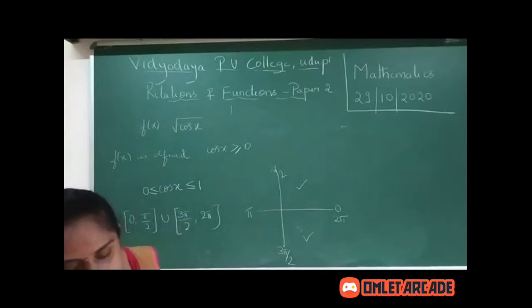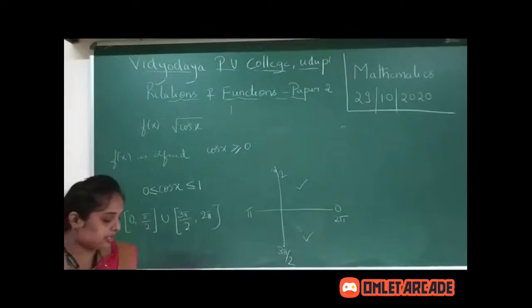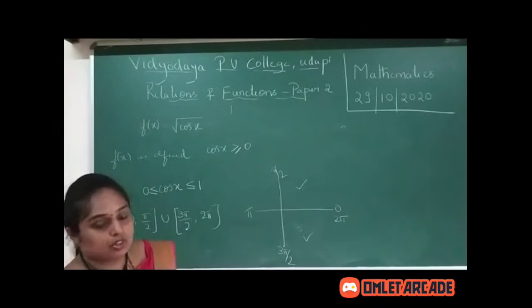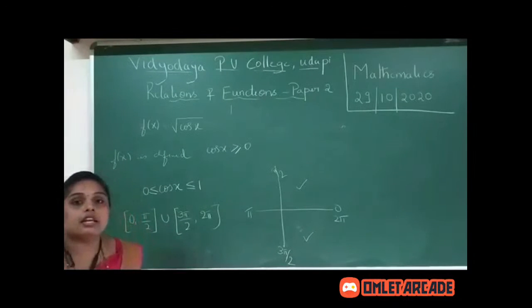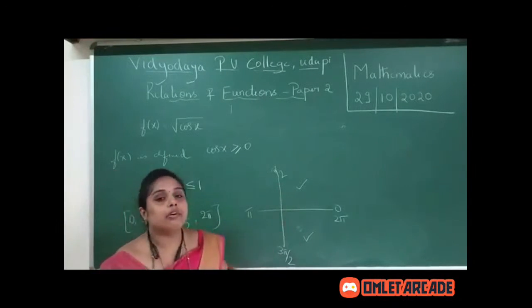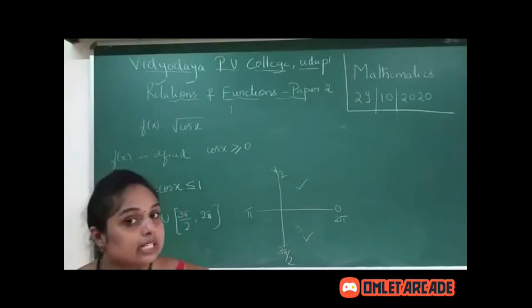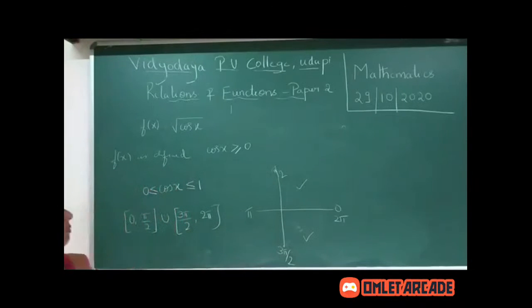So looking at the options, the fourth option is correct. Not only the first option, and not only the second option, it's the union of the first and second option, because in these 2 quadrants cos is positive, I mean it's greater than or equal to 0, less than or equal to 1. So the fourth option.